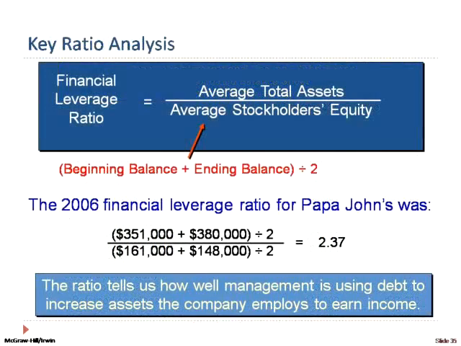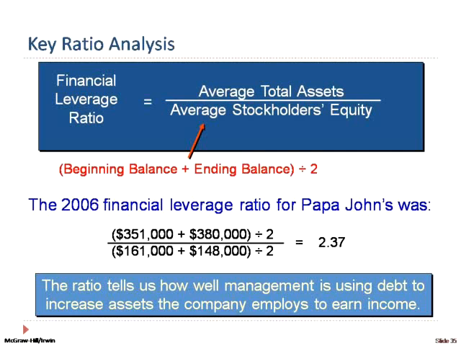Part 1. The financial leverage ratio is determined by dividing average total assets by average stockholders' equity. When we are performing ratio analysis, we compute the average amounts by taking the beginning balance, adding the ending balance, and dividing the total by 2.